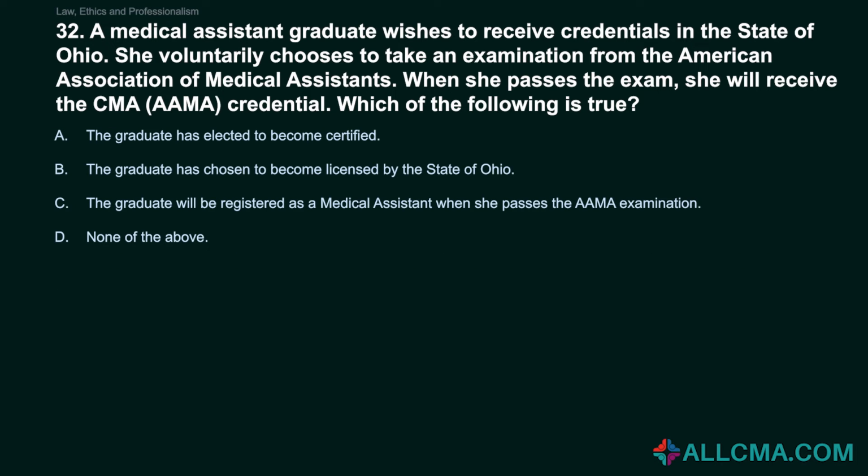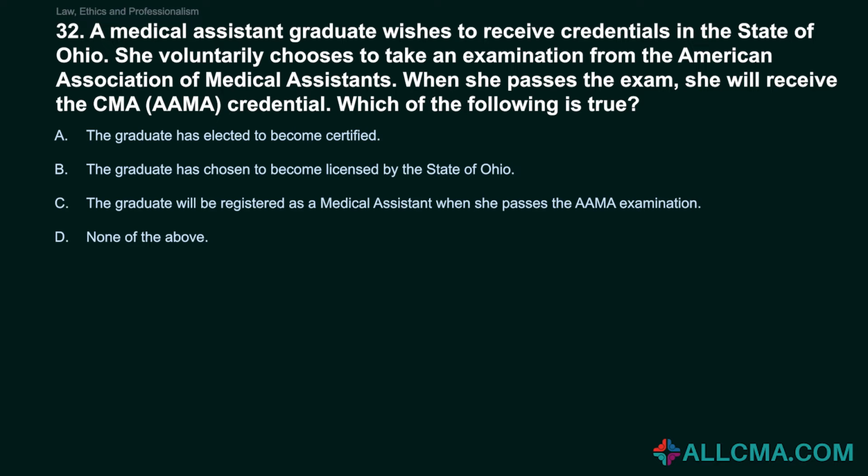32. A medical assistant graduate wishes to receive credentials in the state of Ohio. She voluntarily chooses to take an examination from the American Association of Medical Assistants. When she passes the exam, she will receive the CMA/AAMA credential. Which of the following is true?